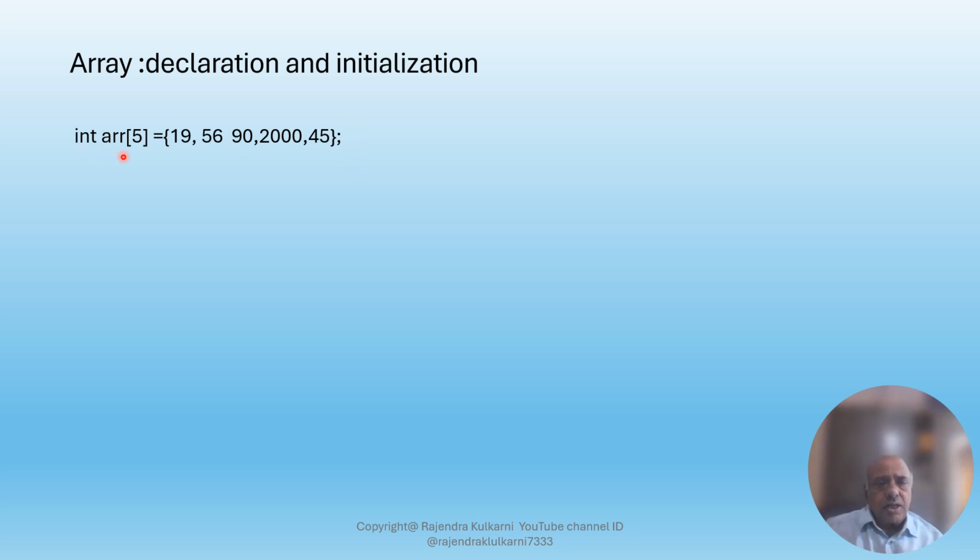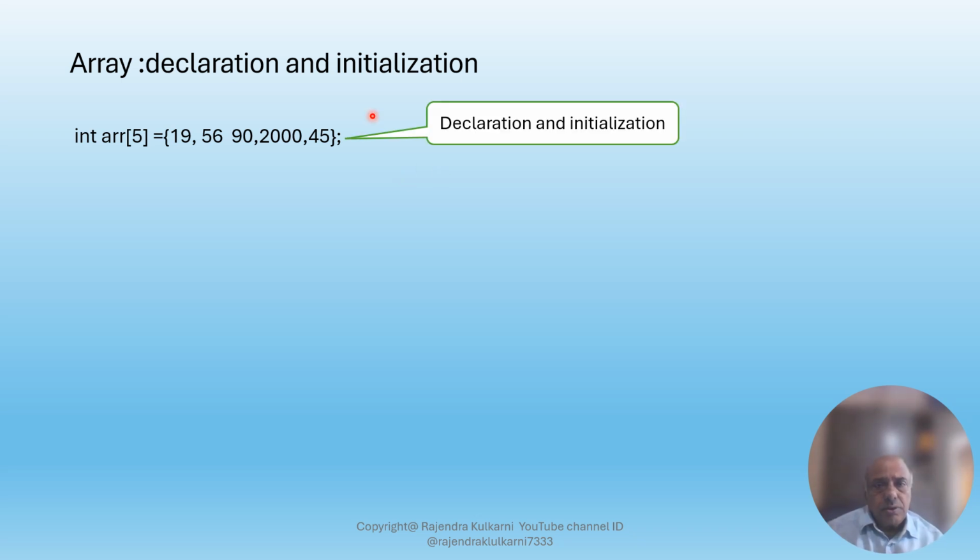So arr is declared as an int array which will be holding a maximum of 5 int constants, and those 5 int constants have been initialized. The array has been initialized with the 5 int constants in this statement. It is called declaration and initialization at the same time.